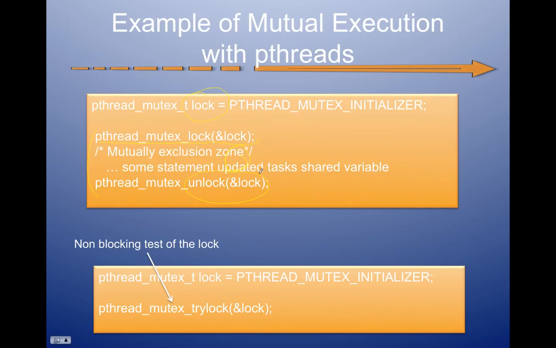And this mechanism guarantees that only one task will execute this section of the code at a time. Sometimes you don't want to be blocked on a lock, so you can use try lock, and it will tell the running task if the critical section can be entered or not.